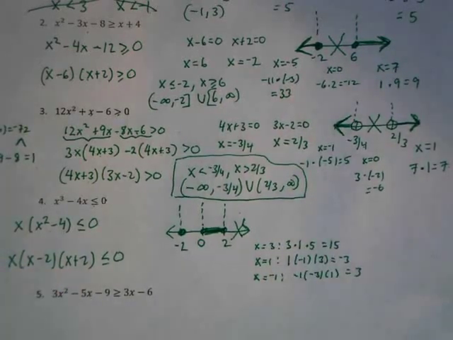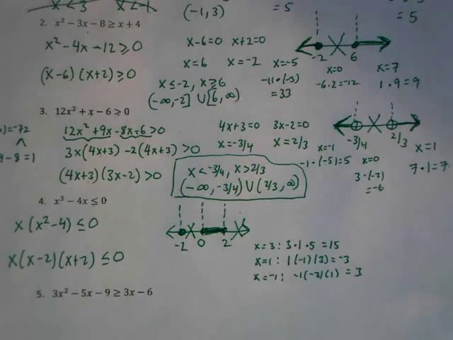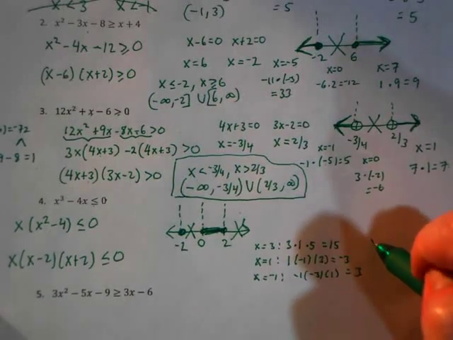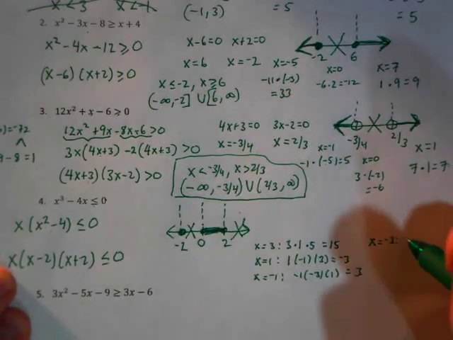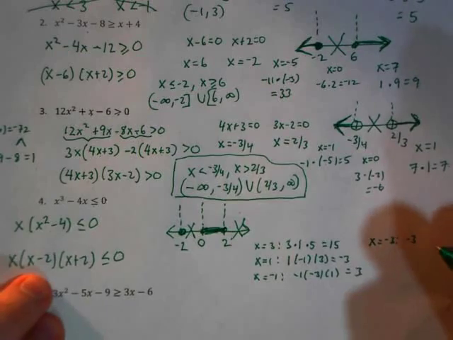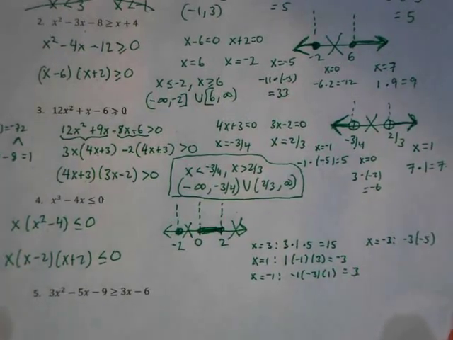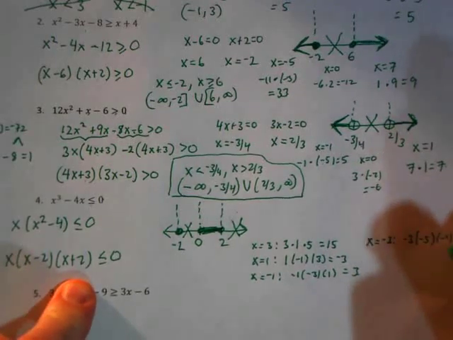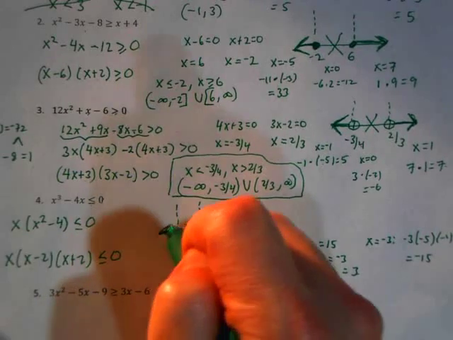That's 3. 3 is not less than 0. Cross that off. And finally, x equals negative 3. Negative 3, negative 5, and negative 1. That's negative 15. Negative 15 is less than 0.